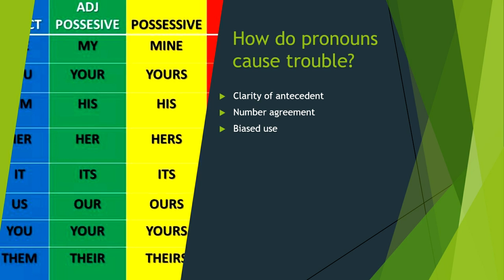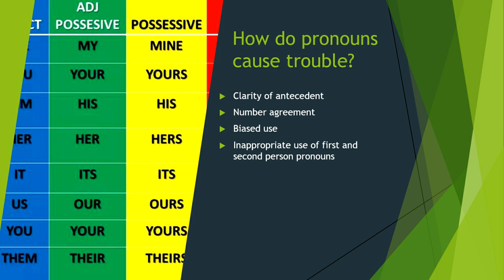You have to be careful that you're not revealing or unintentionally being biased in your use of pronouns. Again, this arises because we do gender our pronouns, he and she, for example, okay, referring to male and female subjects, okay?